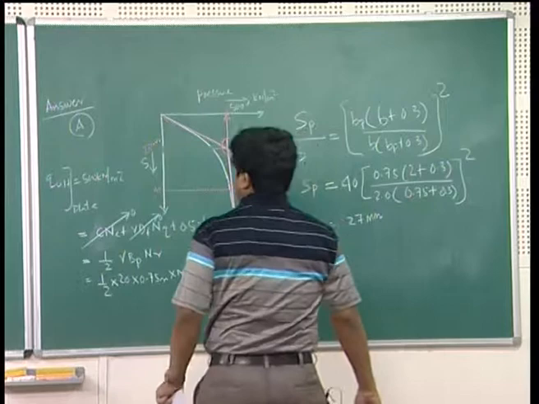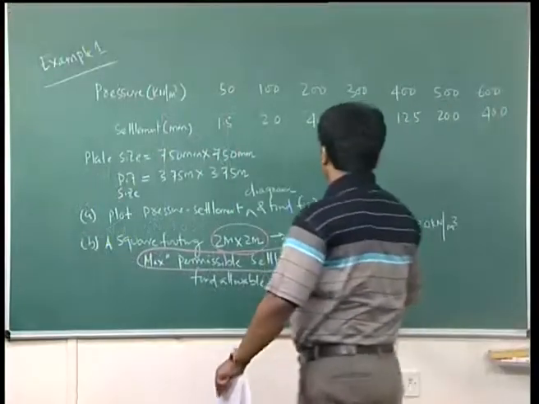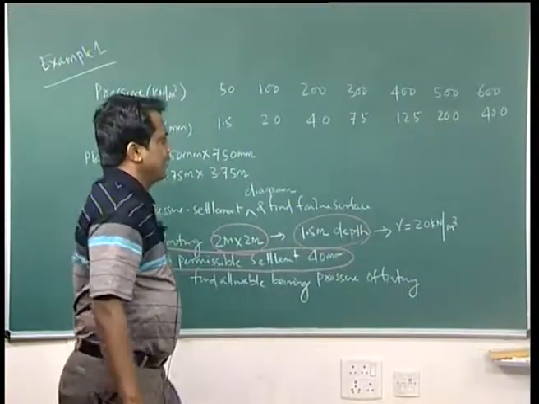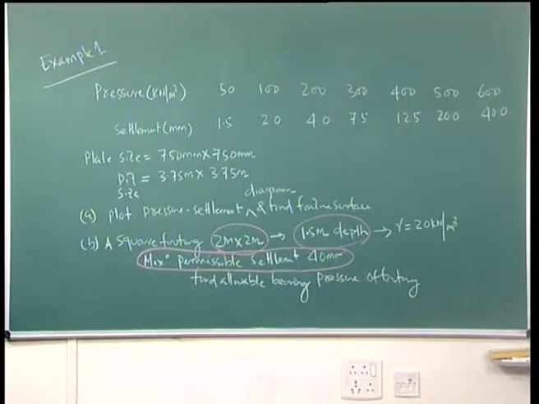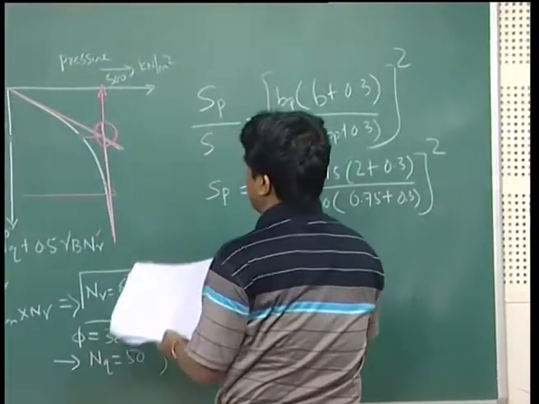So, corresponding to the maximum permissible settlement of 40 mm, you are getting a settlement of plate equal to 27 mm.